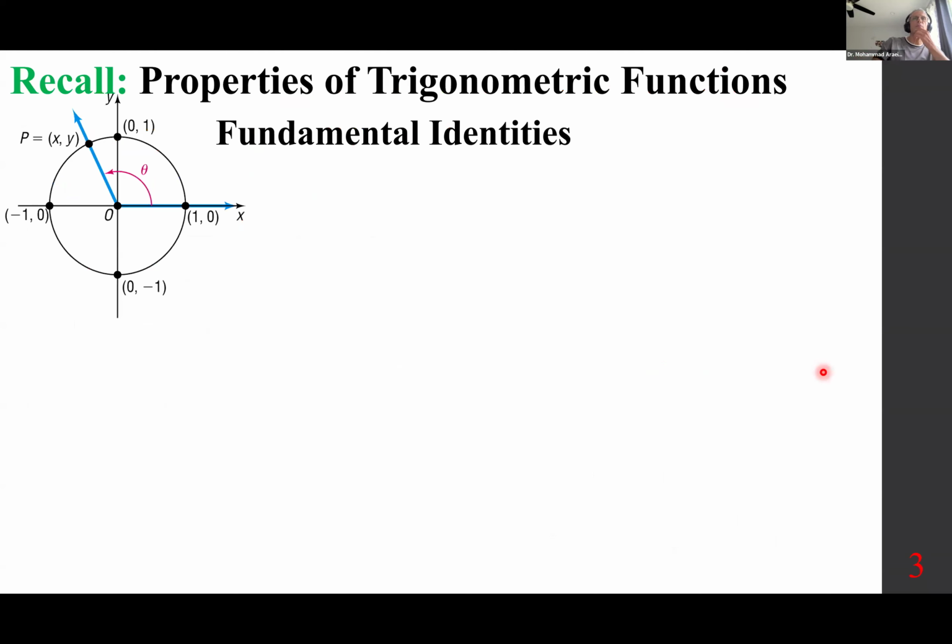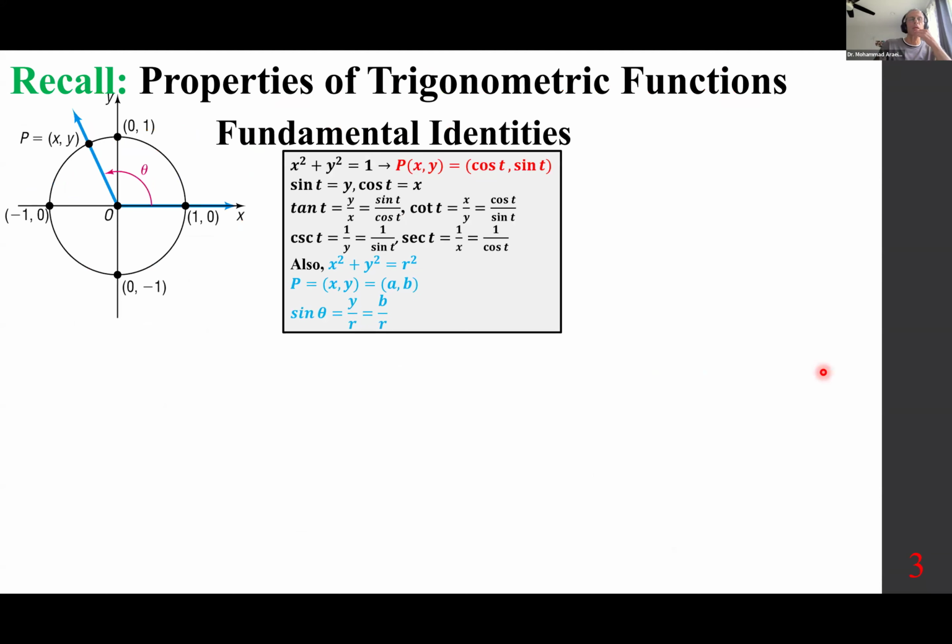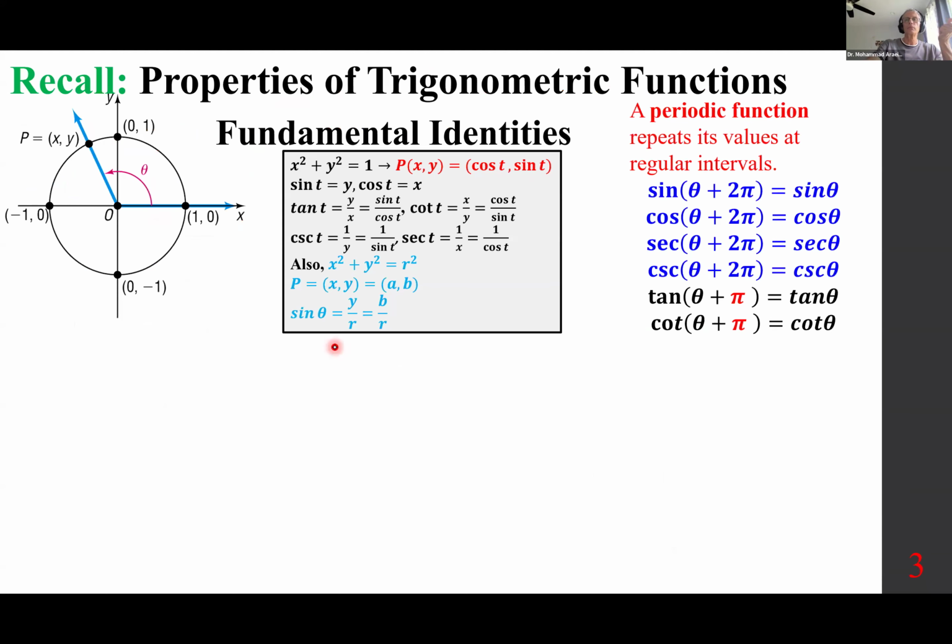So, reminding everybody of fundamental identities that have been discussed already. Unit circle, x squared plus y squared equals 1. P has coordinates x comma y or cosine comma sine t, and the rest of them follow as we have seen them a number of times.